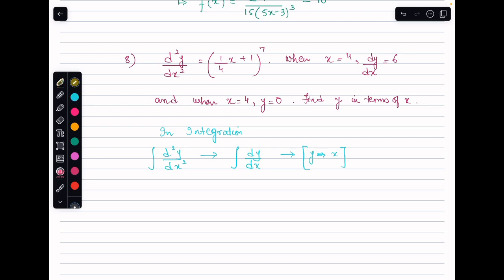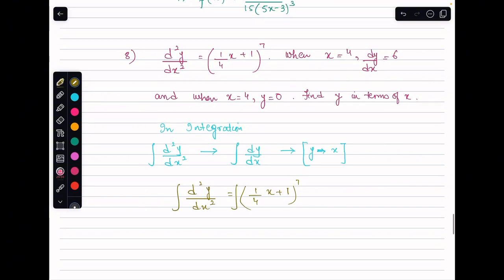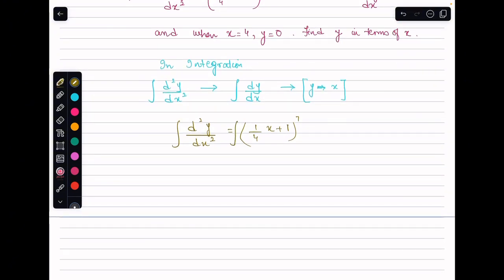So we are given d2y over dx squared, and this is equal to 1 by (4x plus 1) the whole to the power 7. I should be integrating this function. If I integrate the second derivative, I should get the first derivative dy by dx, which shall be equal to (4x plus 1) to the power 7 plus 1.